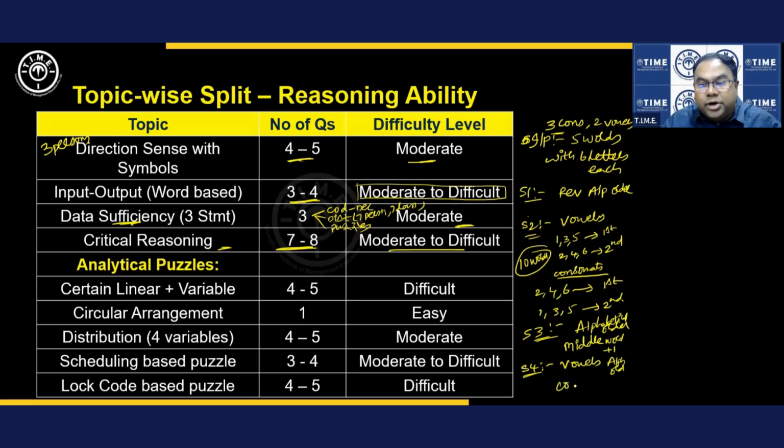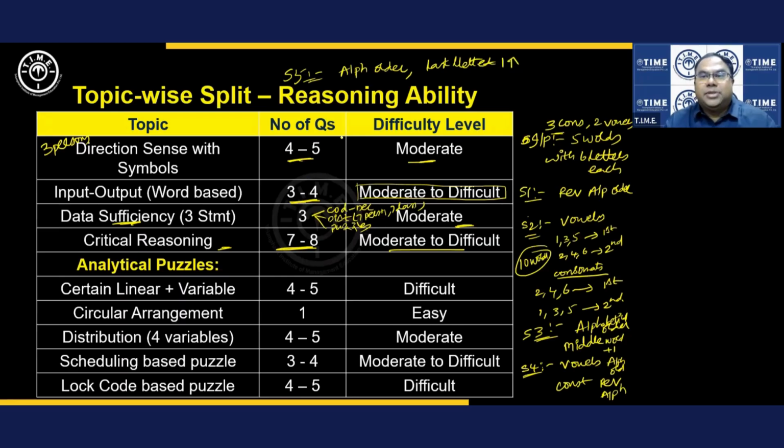Within a word starting with a consonant, they are arranged in reverse alphabetical order. Then step 5. All these 10 words are arranged in alphabetical order with the last letter increased by 1.